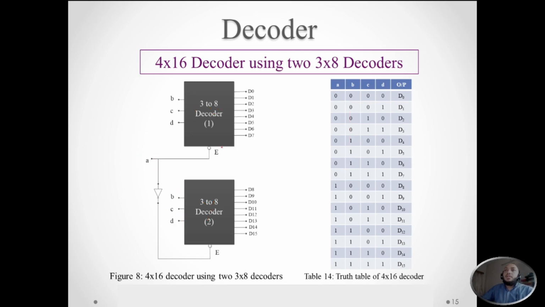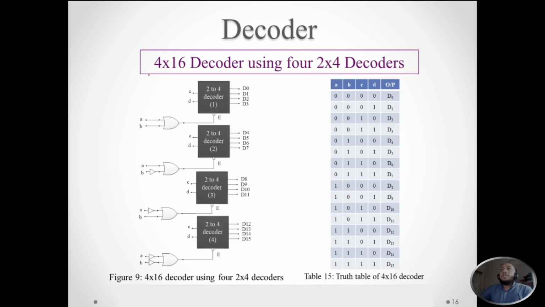And whenever A is 1, that means here we will get 1 and here we will get A prime equals to 0. That means this will operate for last 8 cases and this won't operate, and we will get the outputs from D8 to D15 because this decoder is working at that time.